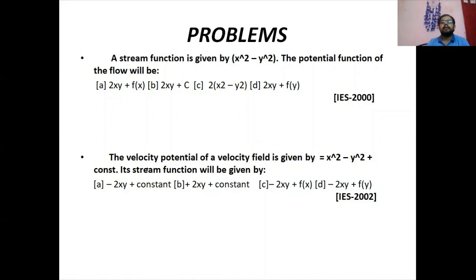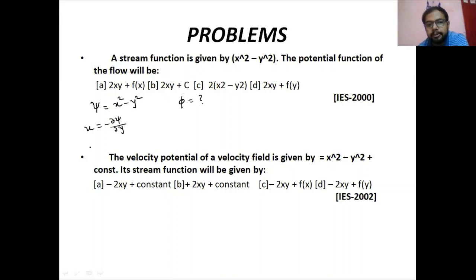This is the problem we are talking about. The stream function is given here. Stream function psi is given to you as x squared minus y squared. You are asked to find out the potential function. So first of all, you have to see whether there is any existence of the potential function.